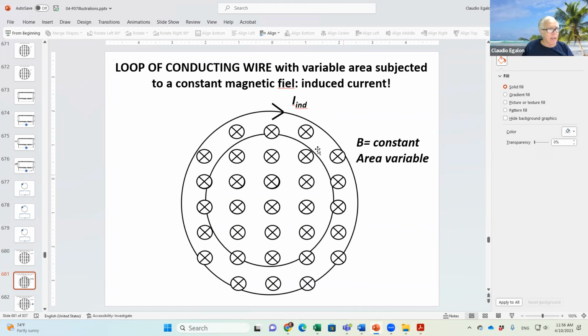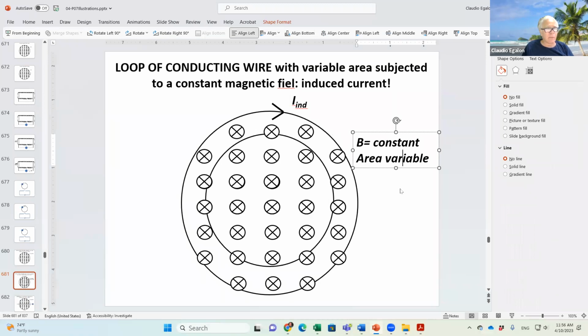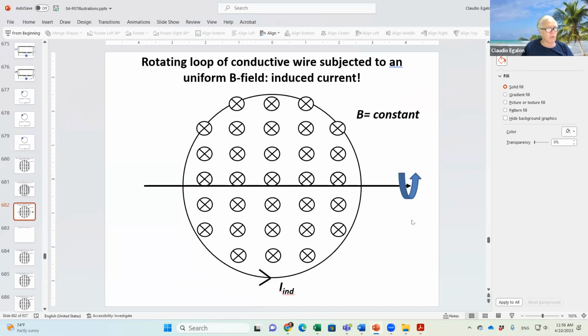That's my circuit here. The magnetic field can be constant because the area of the circuit subject to the magnetic field is changing. You are going to induce a current in the circuit as well.